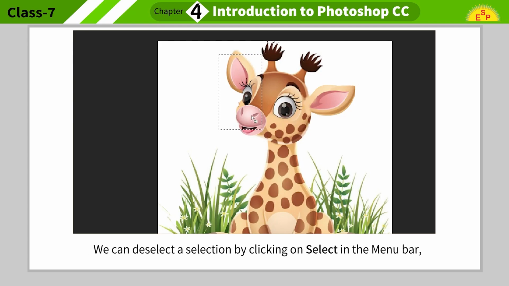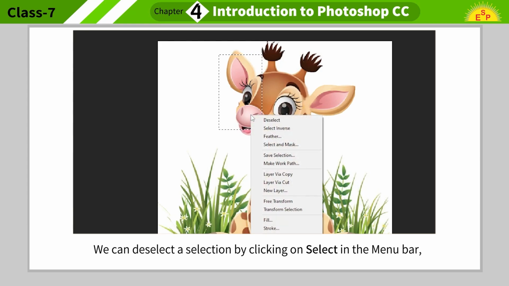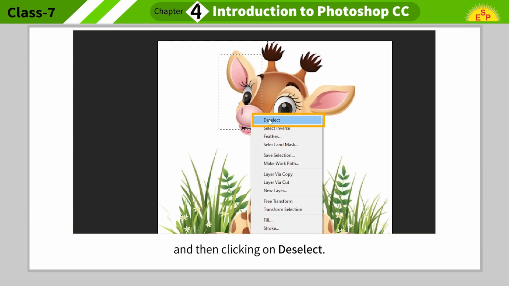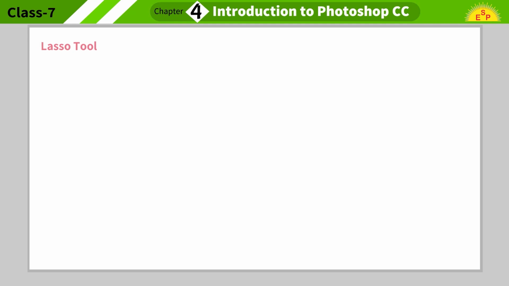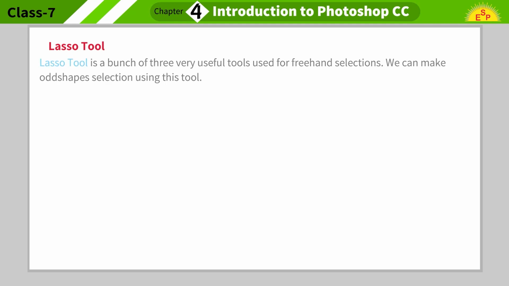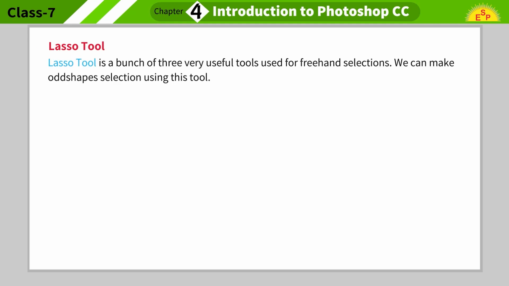We can deselect a selection by clicking on Select in the menu bar and then clicking on Deselect. Lasso tool. The lasso tool is a bunch of 3 very useful tools used for freehand selections. We can make odd shape selections using this tool. Follow the steps to use the lasso tool.